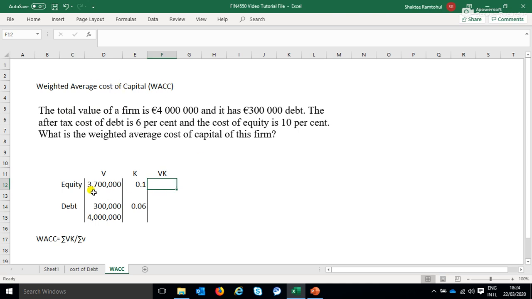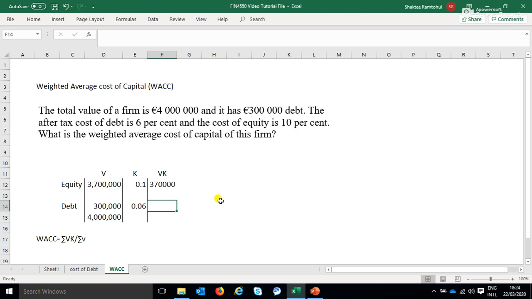And the way I do this is I take 3.7 million in our example. VK stands for V multiplied by K. So in this case, it equals 3.7 million multiplied by 10%, which leaves us with 370,000 euros.